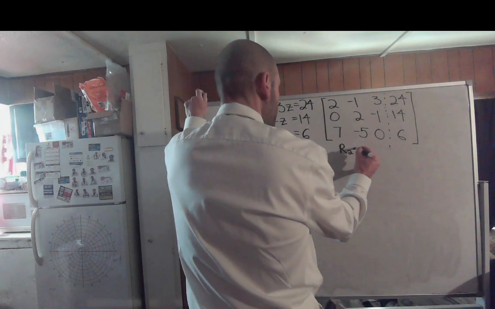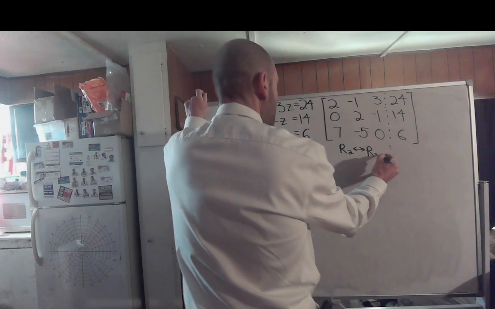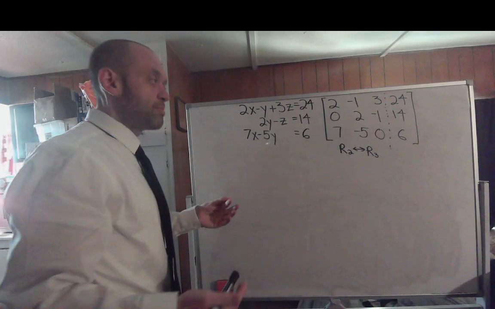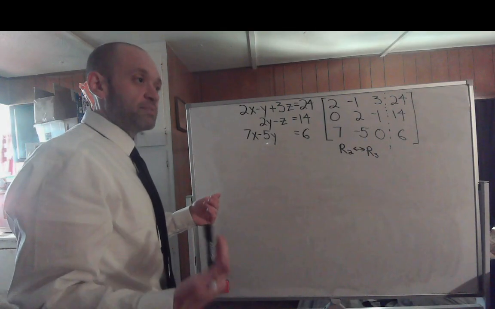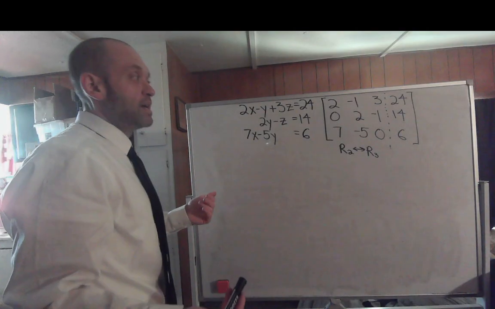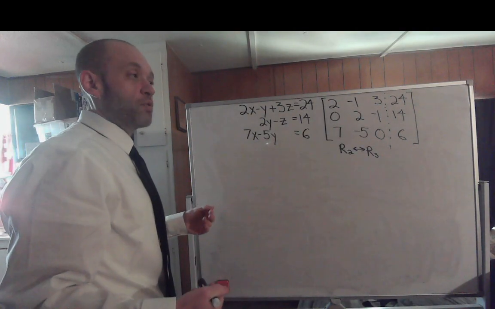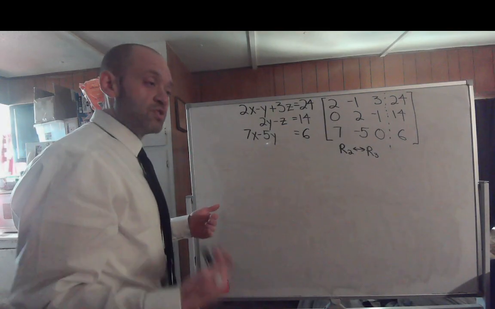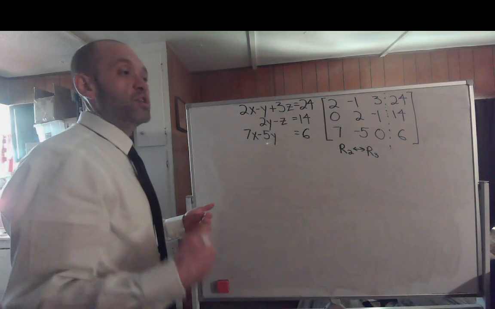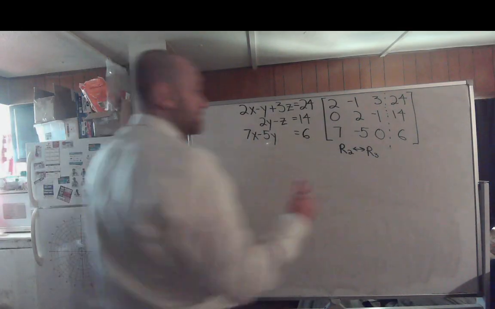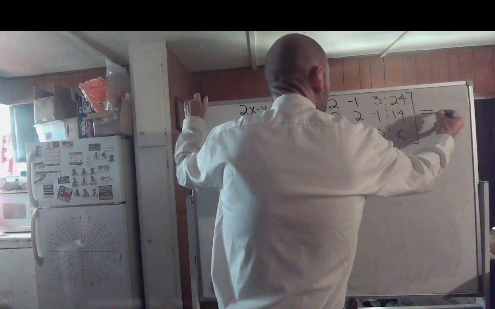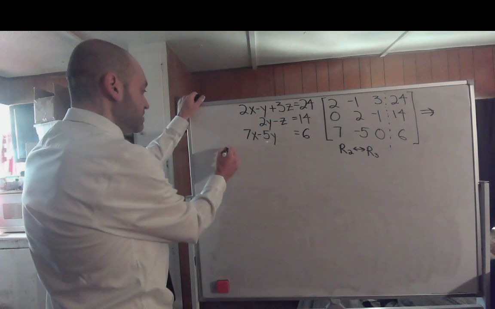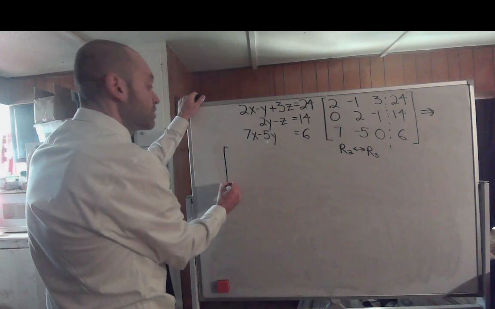So let's switch rows 2 and 3. Now, evaluating these matrices doing the row operations can be taken on a case-by-case basis. You may do it a slightly different way than I do, but in the end it should end up in reduced row echelon form, and we should all get the same result. So, there's just some ways that are better than others to do this, but let's switch rows 2 and 3.